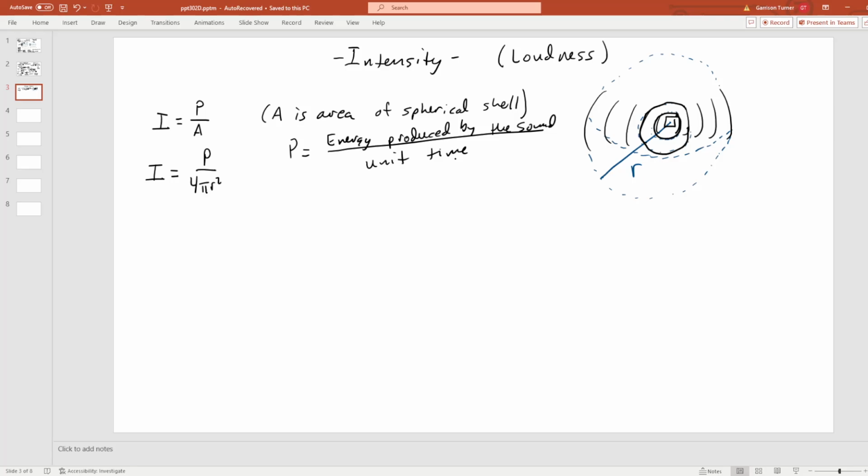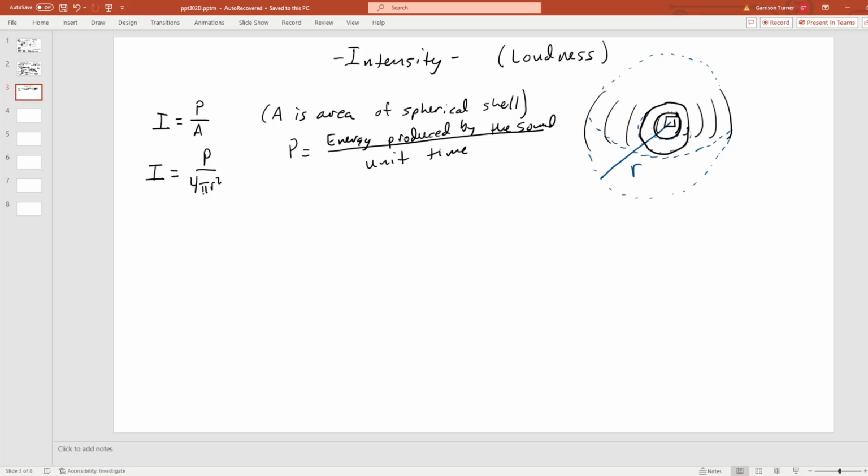Okay? And this is just energy conservation, saying that the energy produced by this source has to be the same per unit time unless something about the source changes. And that's the argument that we make to say that P is going to be constant.